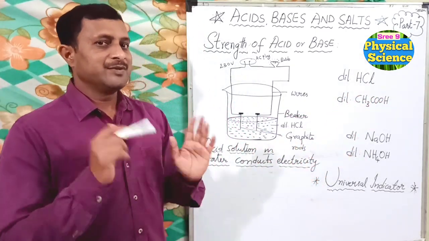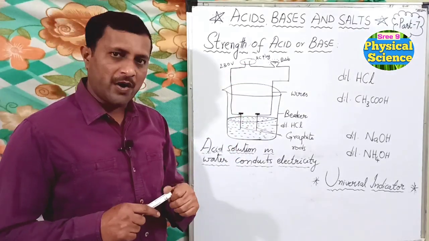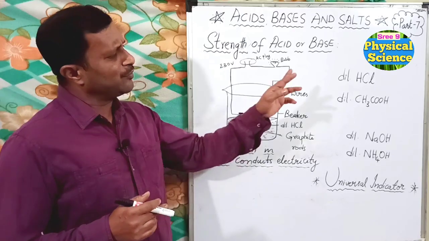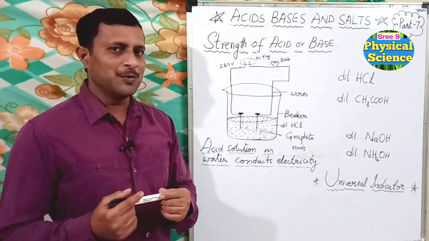So when the mains is plugged on, we will see that in both of the beakers, the bulb glows.